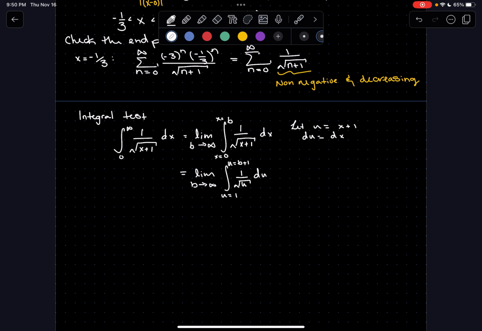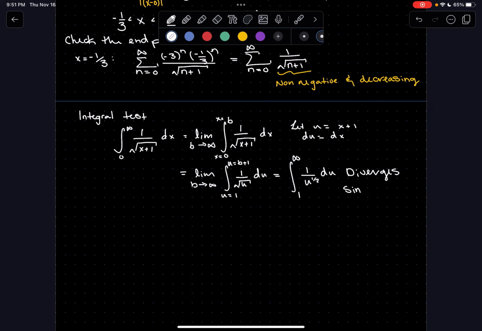Now this is actually really easy. I can just say that this is equal to the limit from 1 to infinity of 1 over u to the 1/2 du. And this diverges, right?